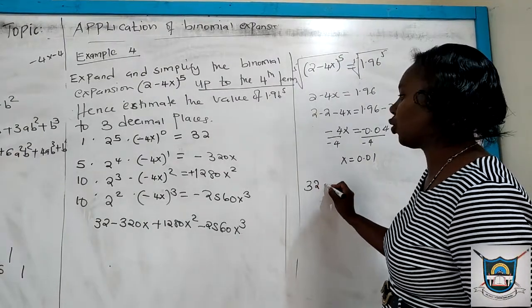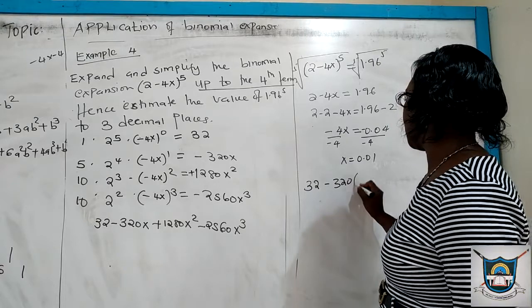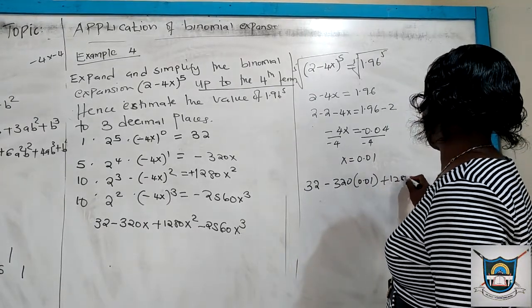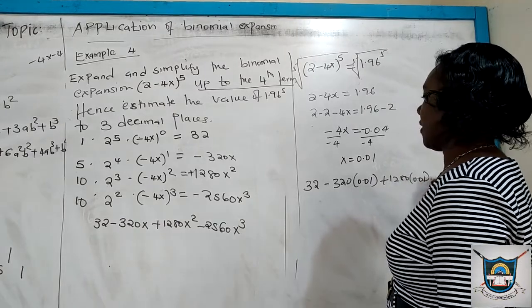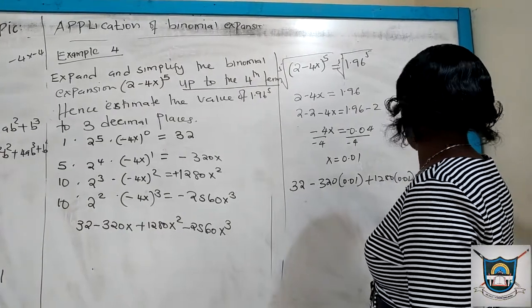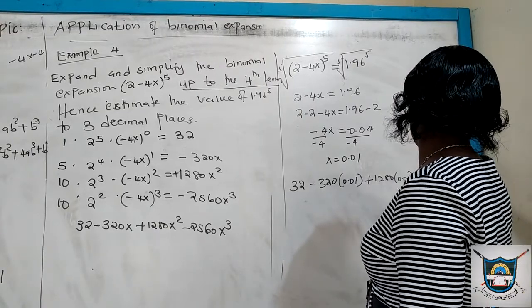So we have 32 minus 320 times 0.01 plus 1280 times 0.01 squared minus 2560 times 0.01 cubed.